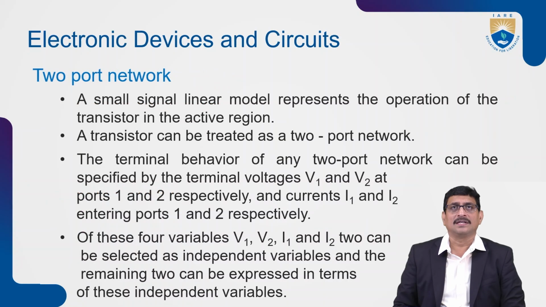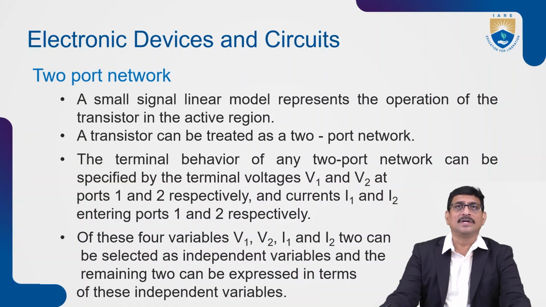Now, before going to these amplifiers in detail, let us look at what an H parameter model is. Before that, the transistor is a 3-terminal device with emitter, base, and collector, whereas a 2-port network needs 2 input terminals and 2 output terminals, so 4 terminals.